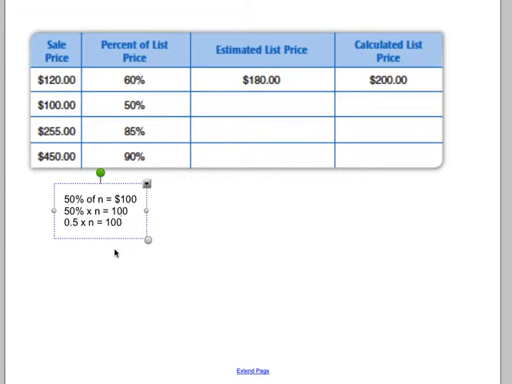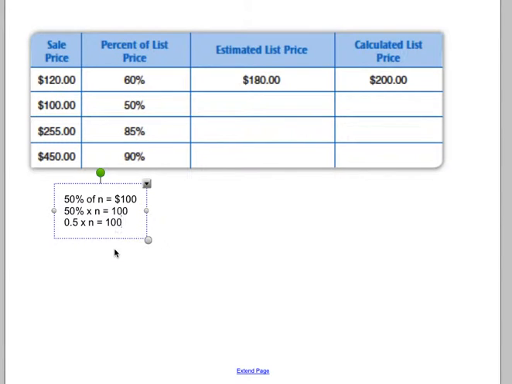If you think about all your fact families, okay, think about all the different ways you can write the same thing in the different fact families, okay? I can write 0.5 times n equals 100. I can write n times 0.5 equals 100.